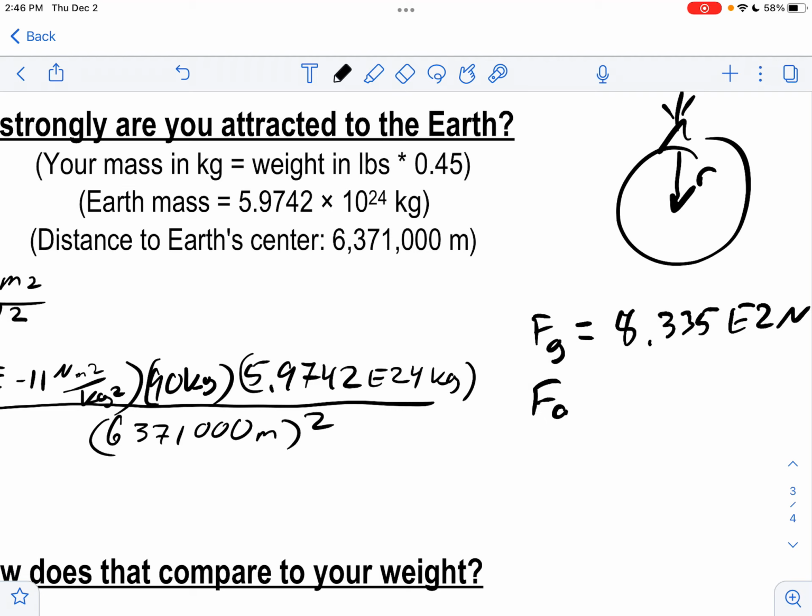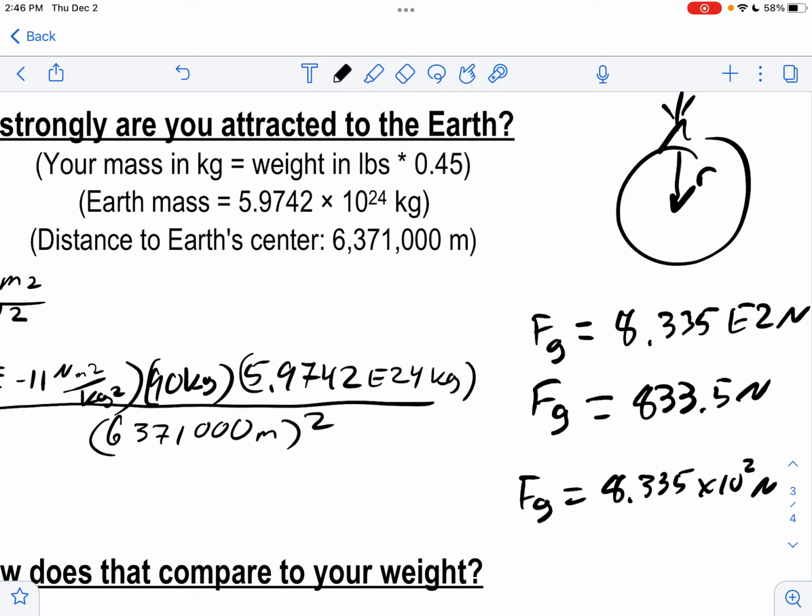That's the same as 833.5 newtons. That would be standard notation. I guess I could write it in scientific notation too if I wanted to. That'd be 8.335 times 10 to the 2 newtons. Honestly with this, it's just easier to write it like that. But that's it. That's your weight from the Earth.